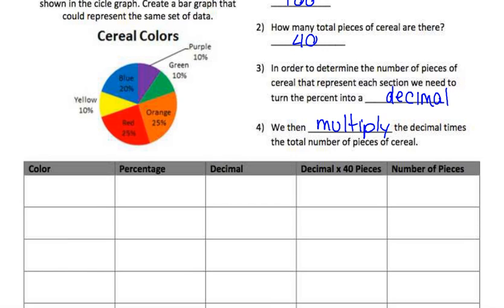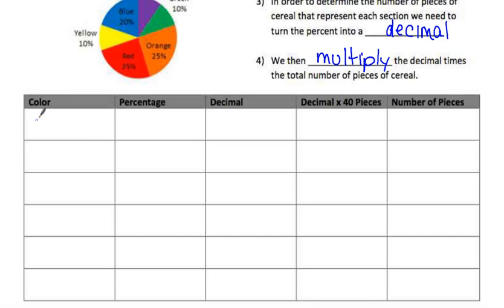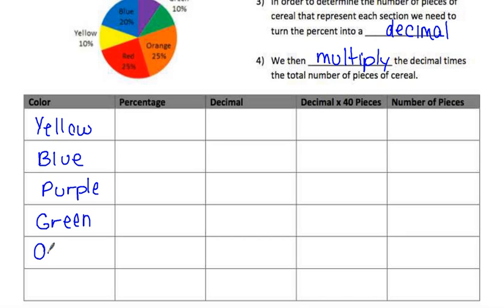So we're going to write the colors down. I'm going to do yellow, blue, purple, green, orange, and red. I'm going to write all the percents.